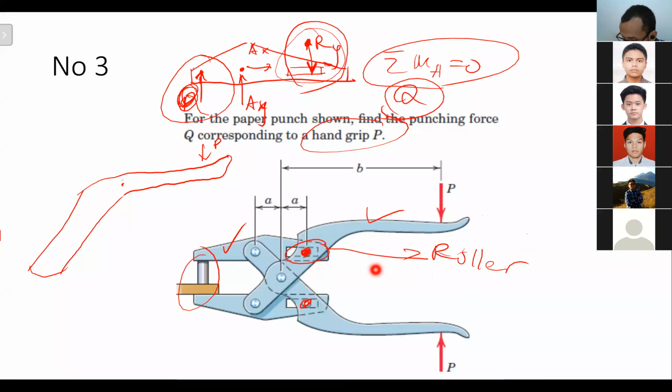Here there is a Ry. Then what else do we have? There will be this one, and this one as well.